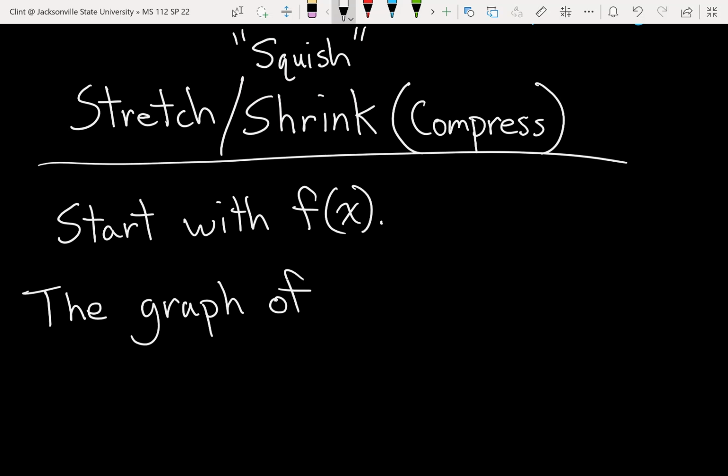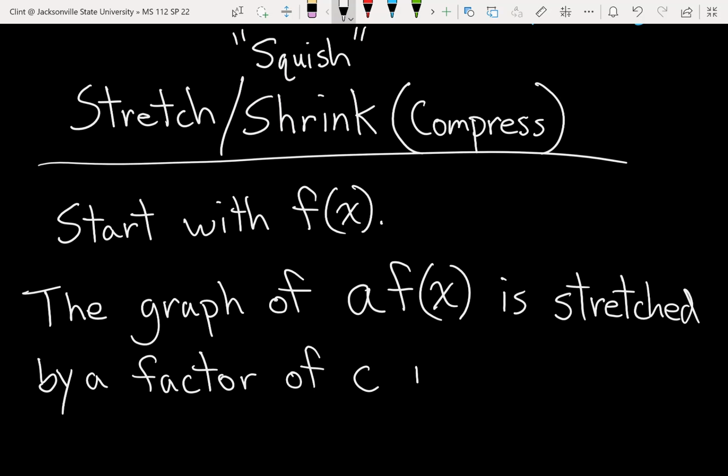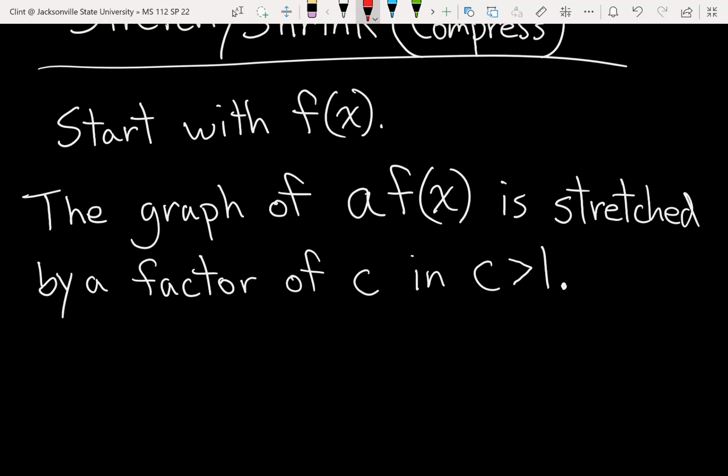And then we're going to multiply it by some number. So when a stretch happens is when the number multiplied by our function is bigger than 1.